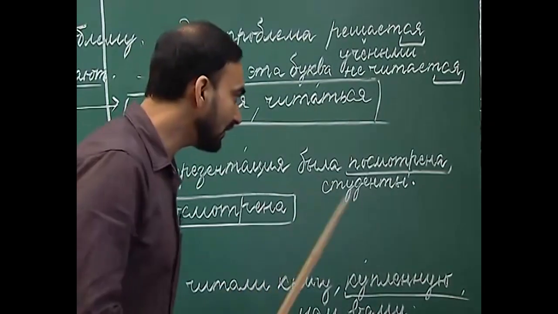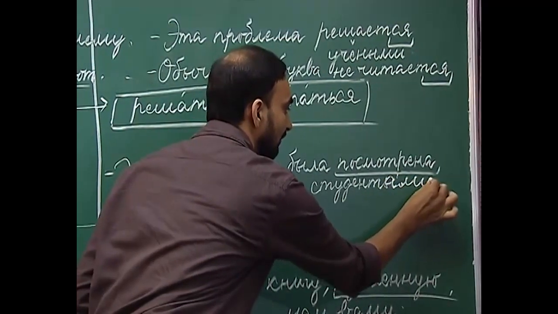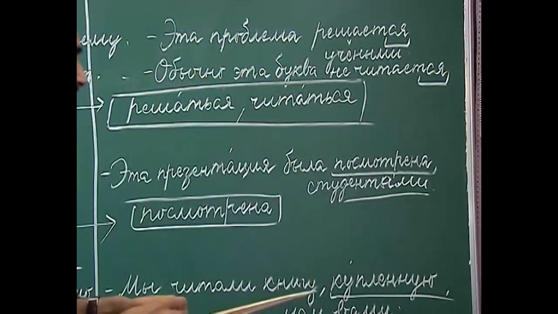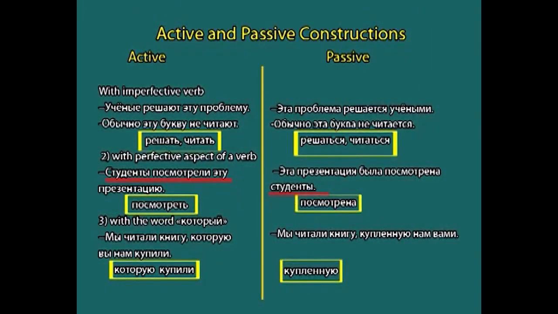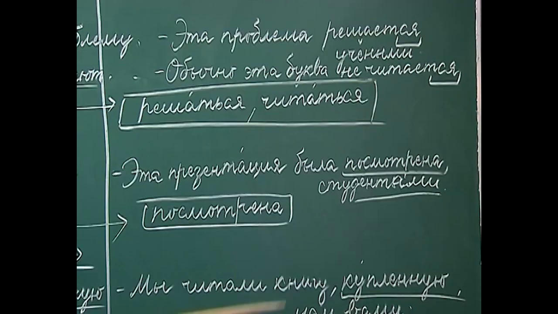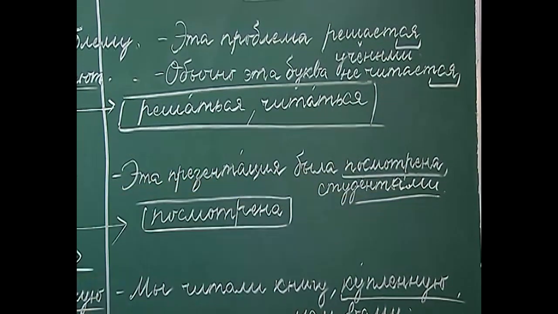So, here it will not be studyanti, but studyantami. Why studyantami? We have already discussed. Whenever we denote the performer of an action, then we put the noun into instrumental case. So, eta presentatsia bila pasmotrana studyantami.